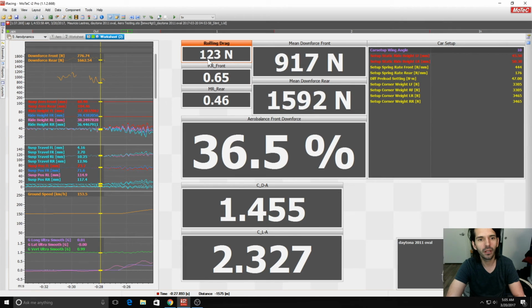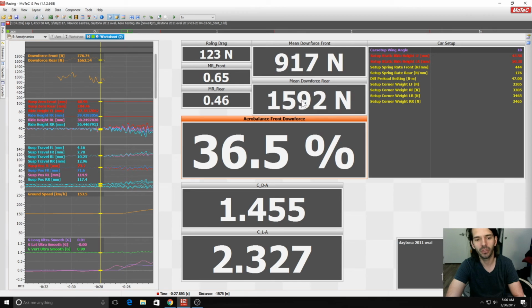Rolling drag, 123 newtons. Mean front downforce, 917 newtons. Rear is 1,592 newtons. These are very reasonable numbers. And the aero balance, that means that there's 36.5% of the downforce over the front axle. At first I kind of thought that was a little bit strange, but in fact I compared data to other GT cars, and very often they will have more rear downforce than they do front.